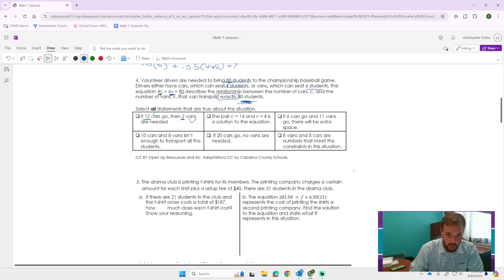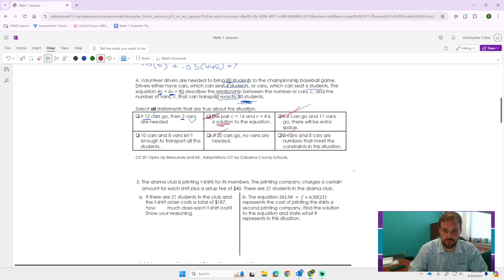I'm getting that all of these, let me do this in red now. I'm getting that this one and this one all work. So the pairs 14 and 4, 6 and 11, 20 and 8 all work. But notice what they're saying. The pair 14, 4, so we plug in 14 and 4, is a solution, meaning you get exactly 80.